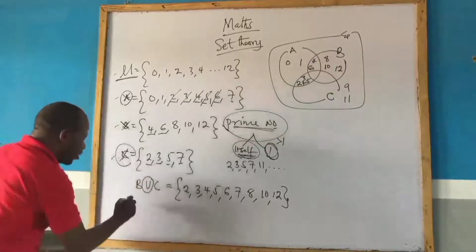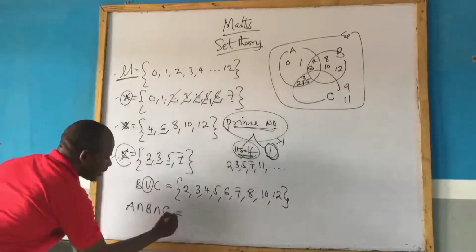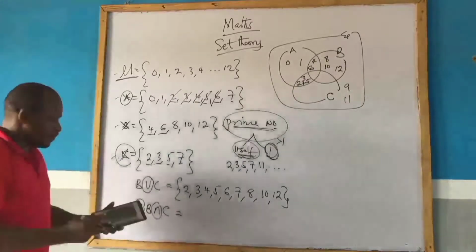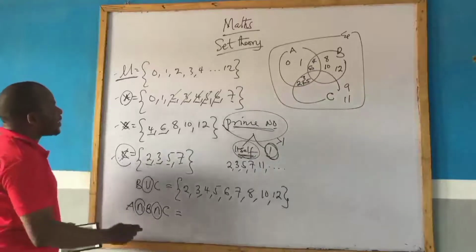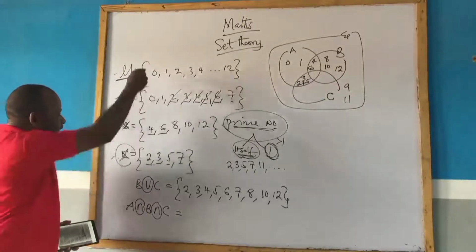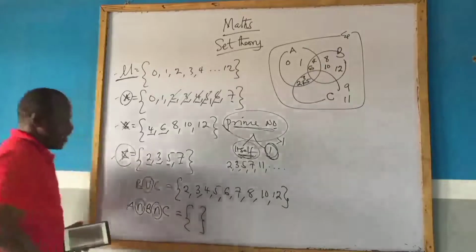And then the last question says we should find A intersection B intersection C. Now, intersection means elements that are common. We have seen that among the subsets A, B, and C, there are no elements common. It means this should be a what? An empty set.